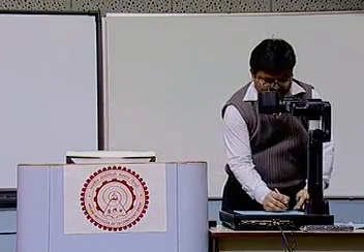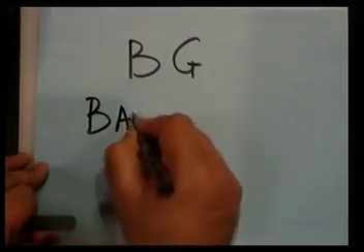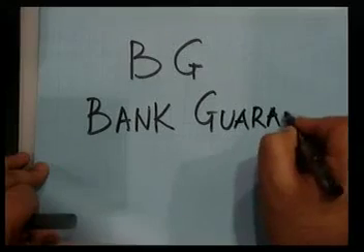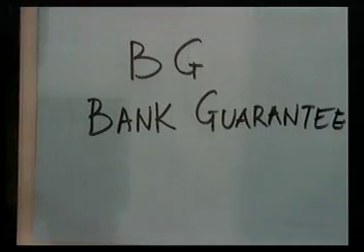Now, there is a concept that these advances are paid to the contractors in lieu of bank guarantees. There is a term called bank guarantee, BG. Whatever advance you are going to get from the clients, they ask for an equivalent amount of bank guarantee.